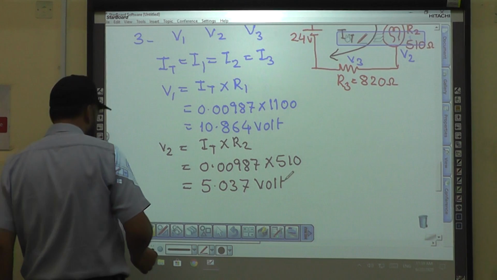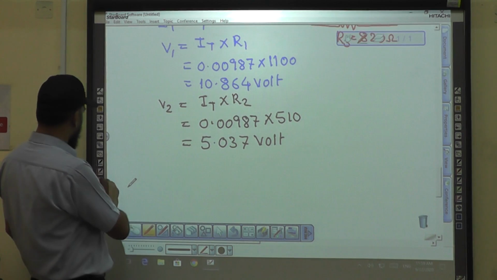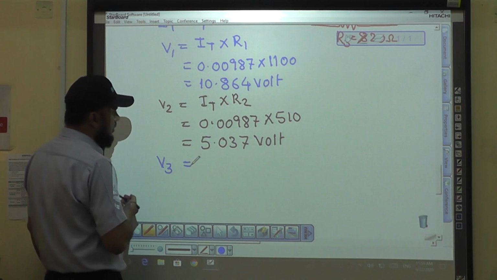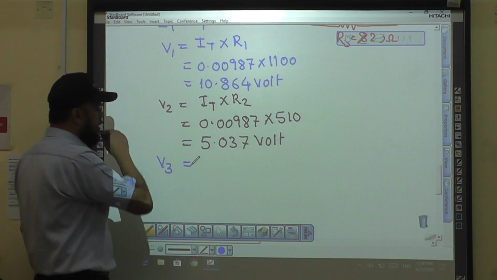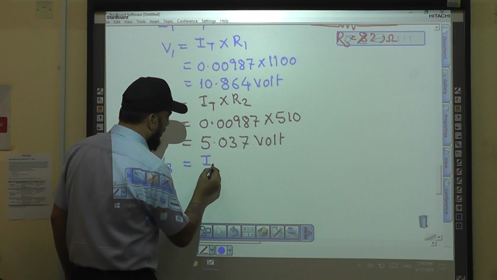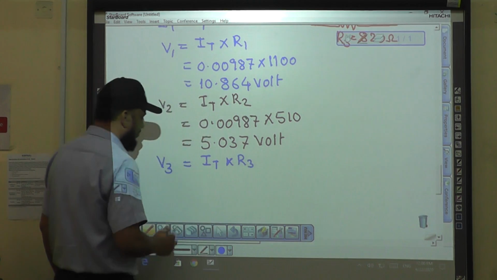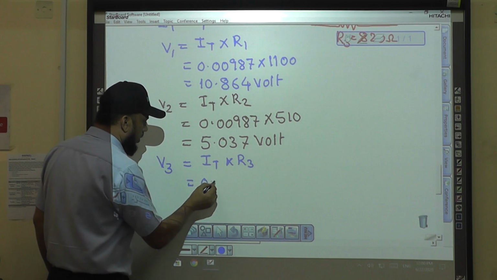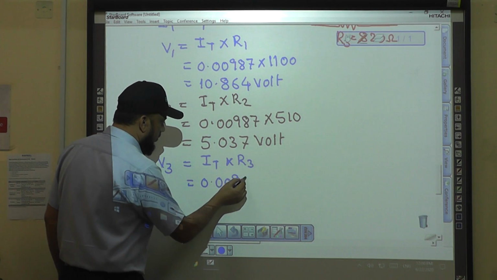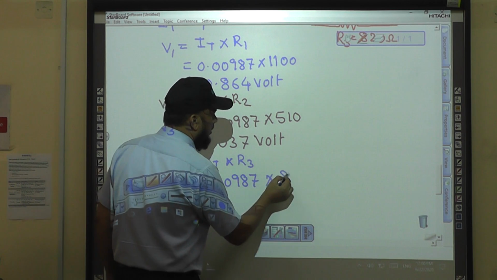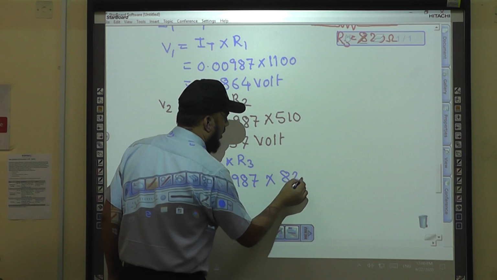And number 3, V3, the voltage drop at R3, equals again the same current I total times the resistance R3, 0.00987 times 820.